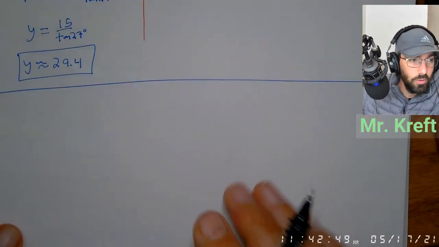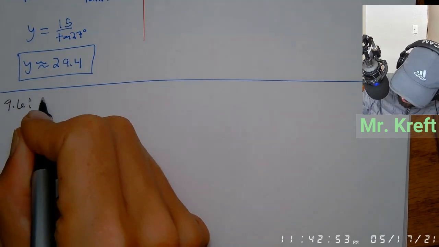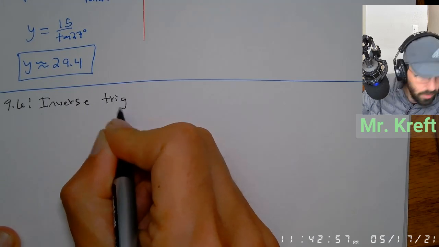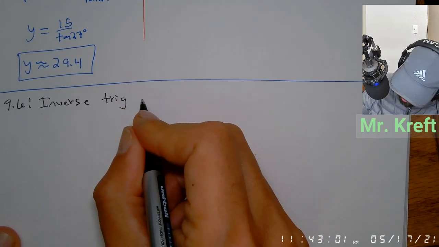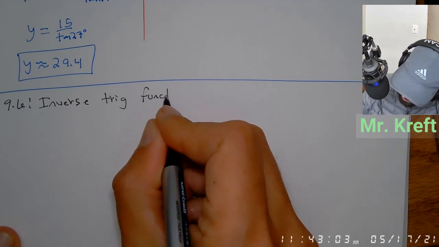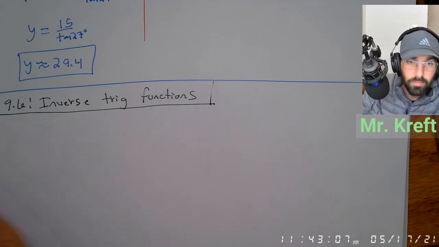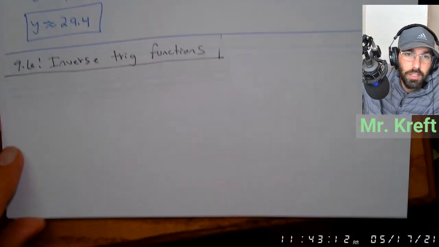Okay, so the new stuff is we're doing 9.6 and we're talking about inverse trig ratios. It should be inverse trig functions, I should say. I don't know why I wrote inverse trig ratios. Okay. So inverse trig functions.